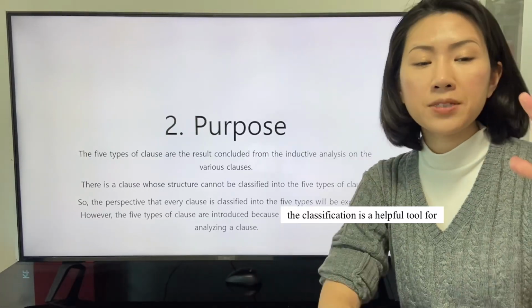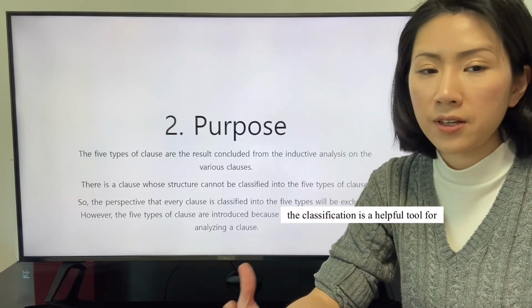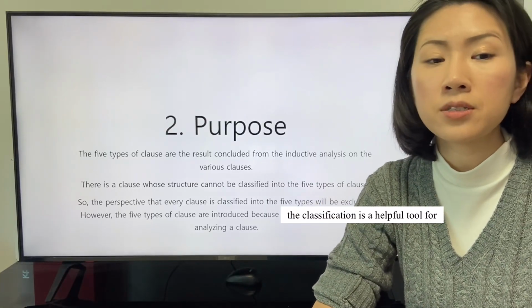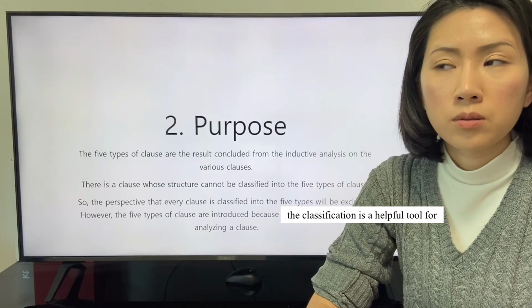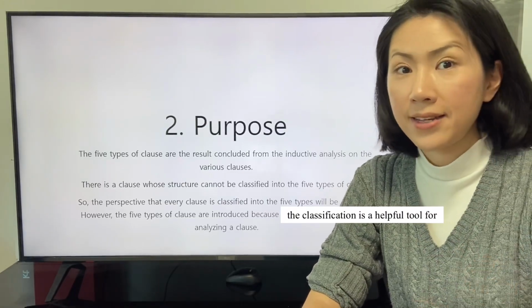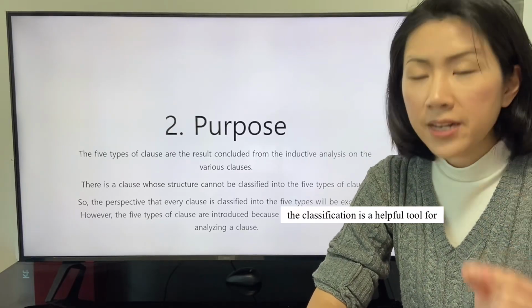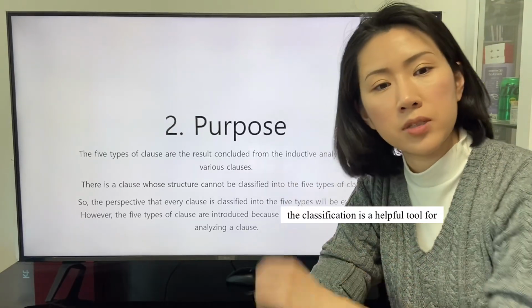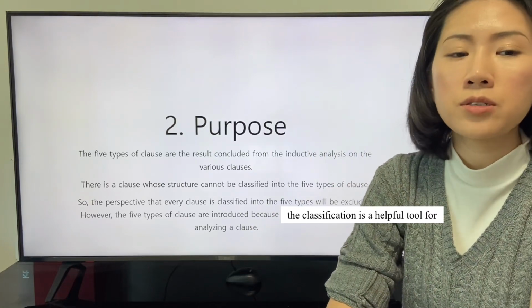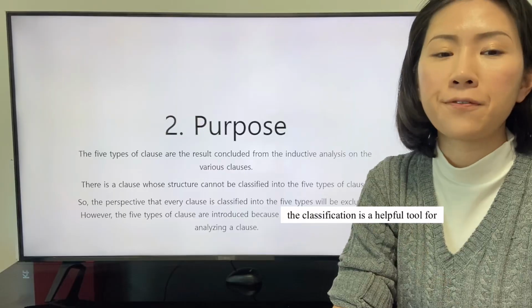The 5 types of clause are the result concluded from the inductive analysis of various clauses. We've checked the exceptional case with the object of the subjective complement. There is a clause whose structure cannot be classified into the 5 types of clause.